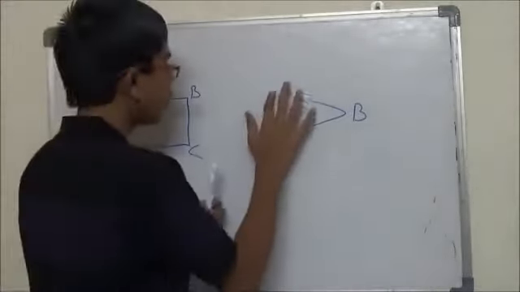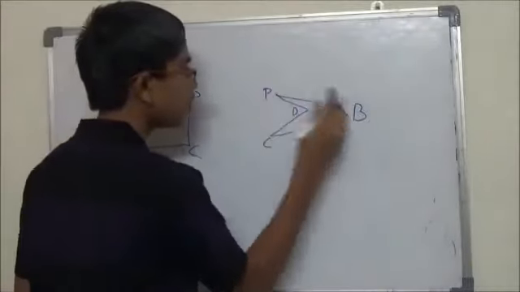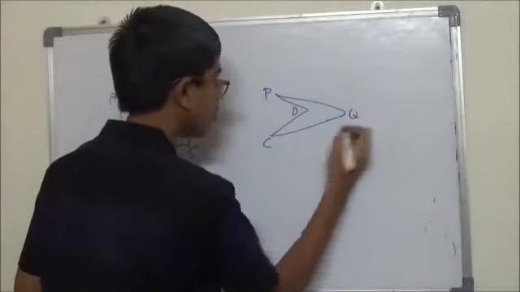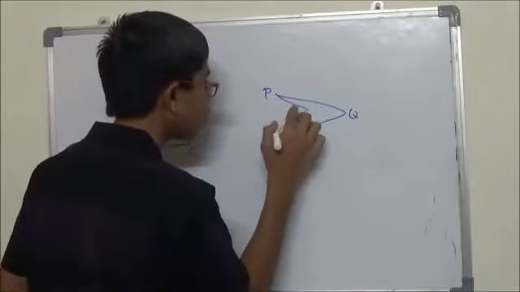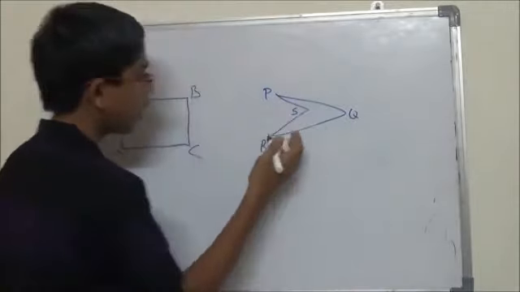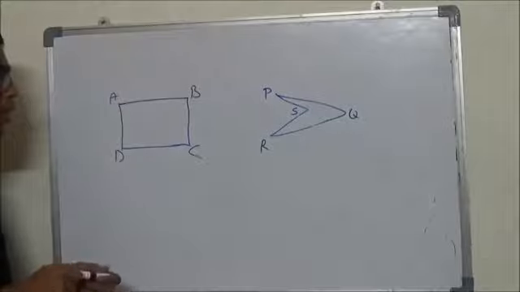So this is a quadrilateral ABCD, and let this be the quadrilateral PQRS.